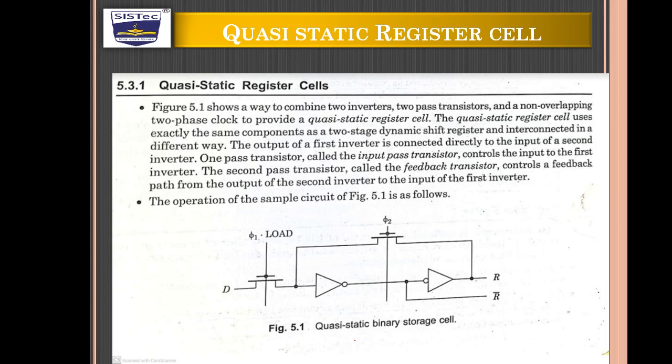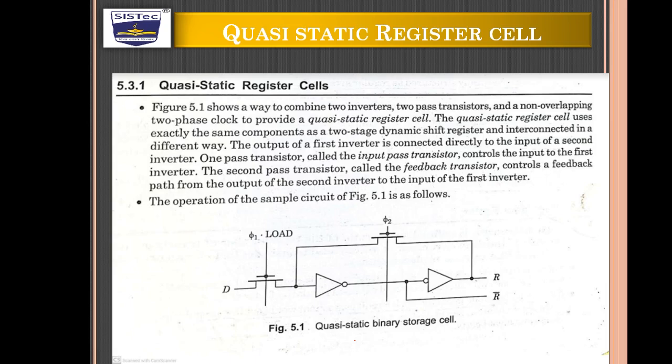In our syllabus there are two types of storage register cells: one is the quasi-static register cell, and the other is the static register cell. First we will see the quasi-static register cell.